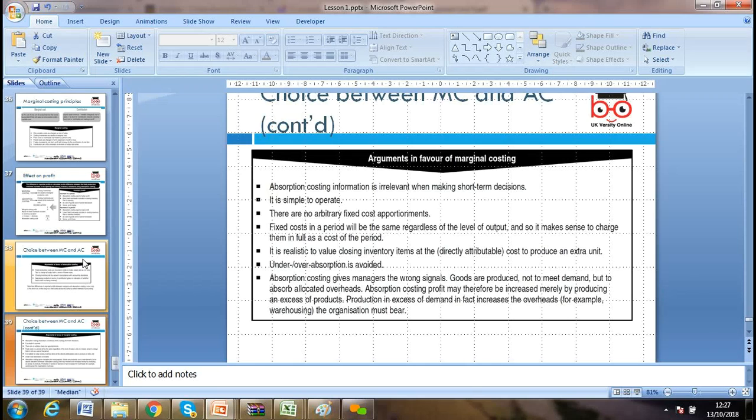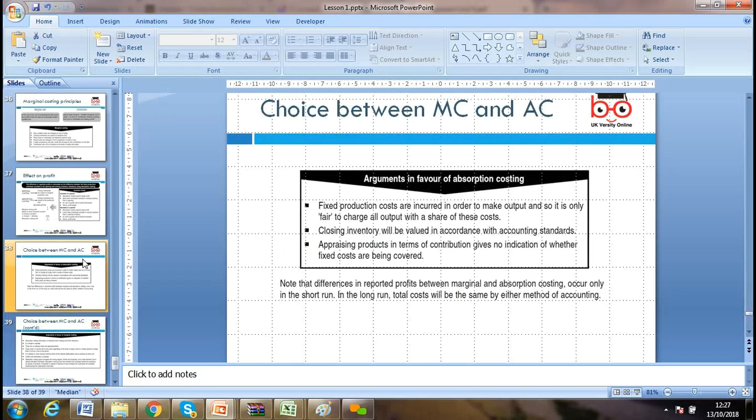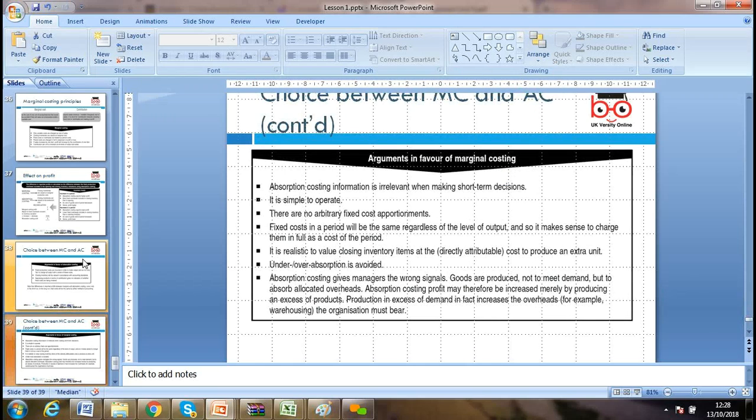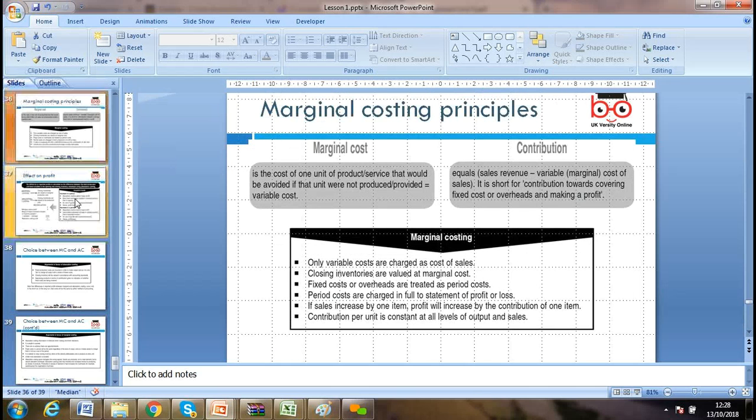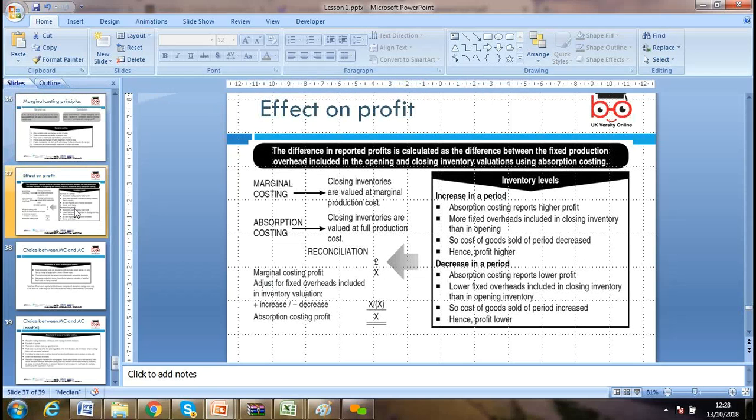Please go through these slides as well as some background reading, the advantages and disadvantages; it will help you when you do your assignment. With marginal cost, closing inventory is valued at the marginal production cost. With absorption cost, closing inventory is valued at the full cost, where we include both fixed and variable costs together.